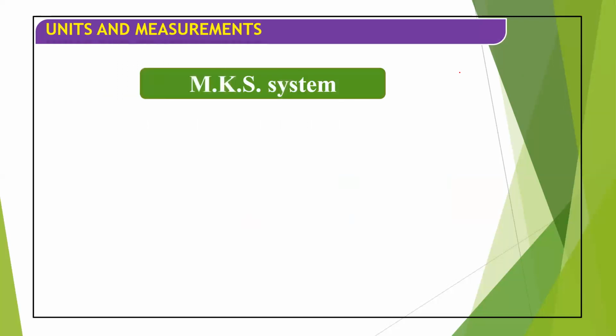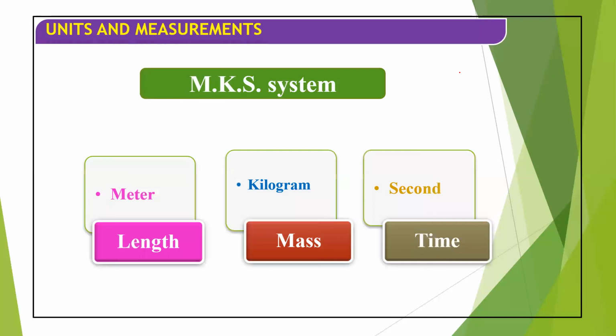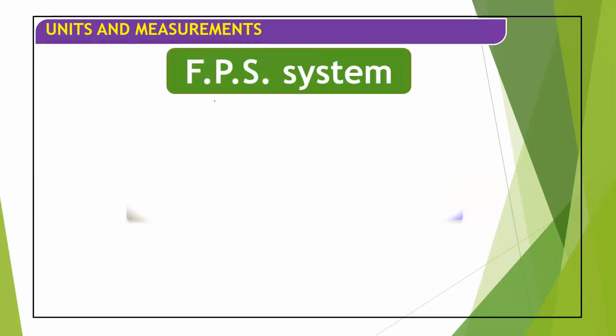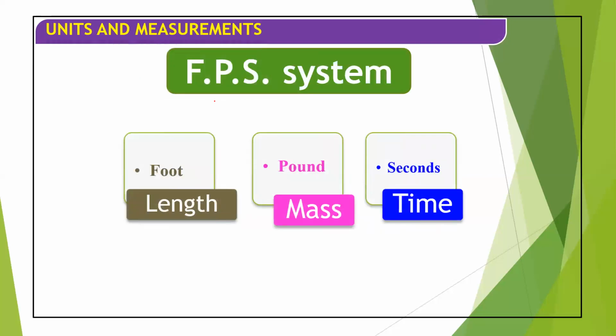We have MKS system where the length is measured in terms of meter. Again, I'm telling you, my dear students, some of you have a bad habit of writing this as mass. That's a wrong answer. It's not mass, it's meter. Keep that in mind. K stands for kilogram, that is mass, and S stands for second, that is time. And the last one is FPS, that is foot, pound, and second.